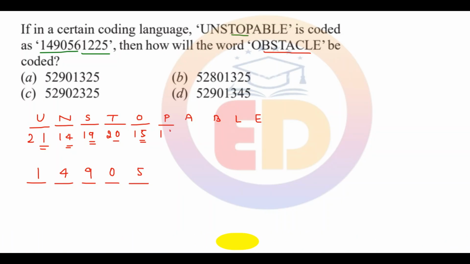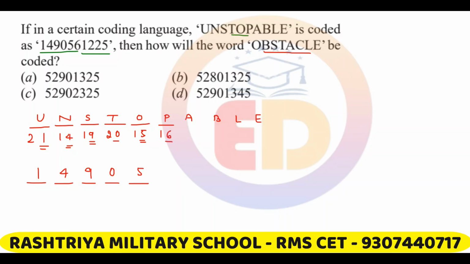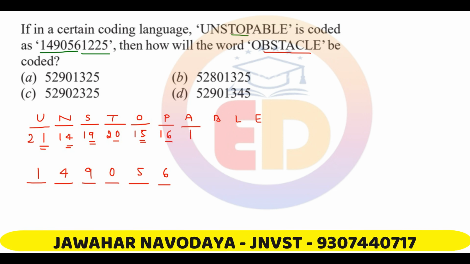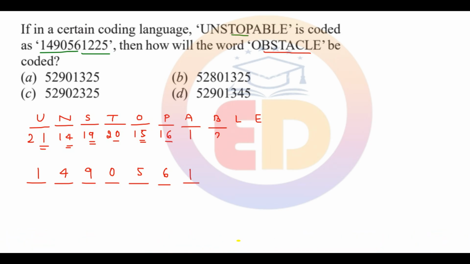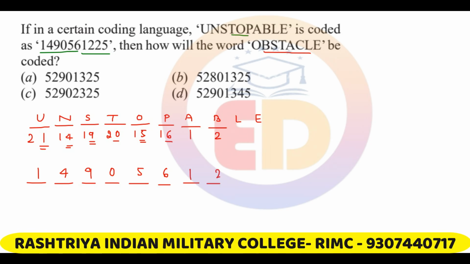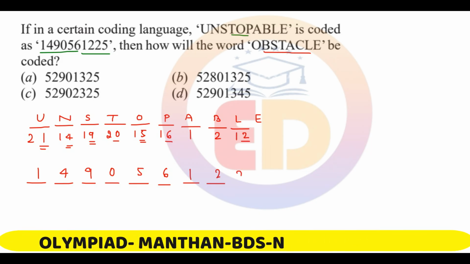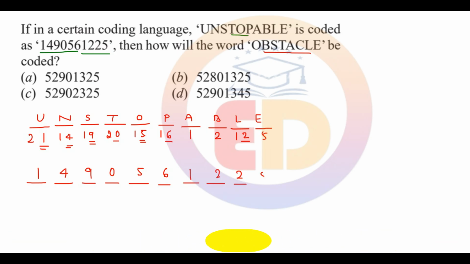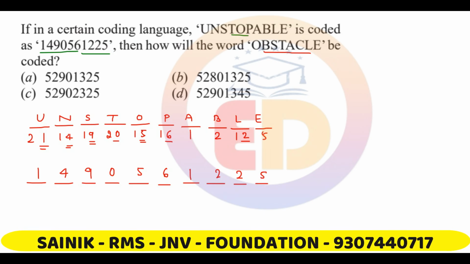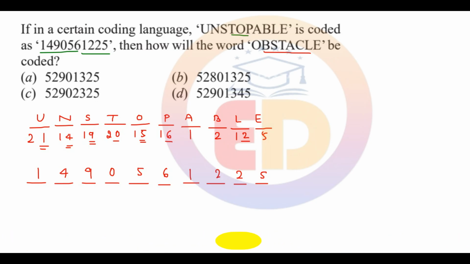P is 16, they have taken ones place 6 as the code. A is 1, so they have taken only 1. B is 2, they have taken 2. L is 12, they have taken ones place 2. E is 5, they have taken 5. Similarly, we have to find the code for obstacle.